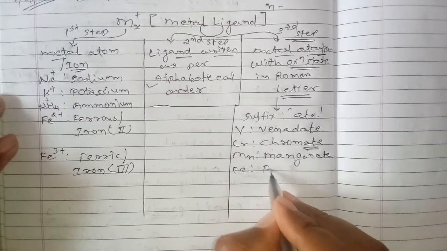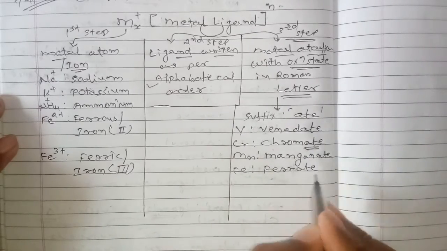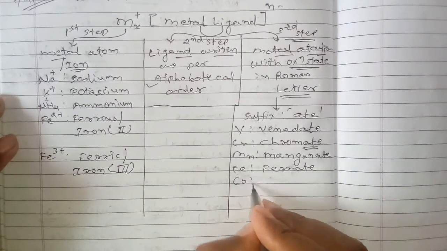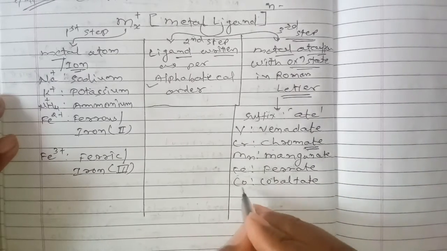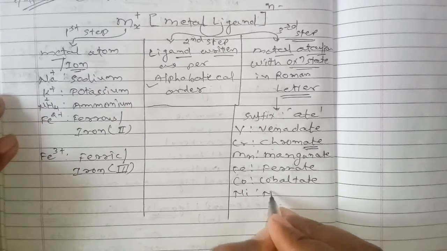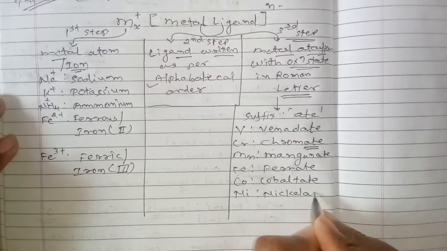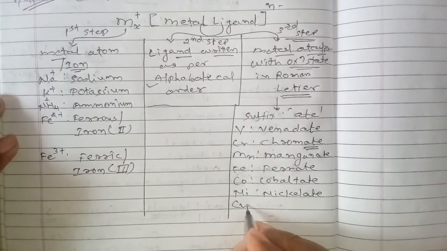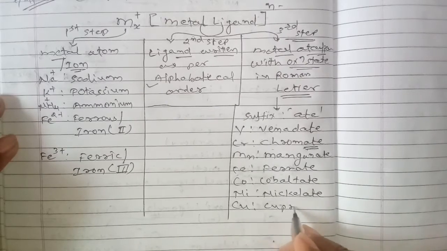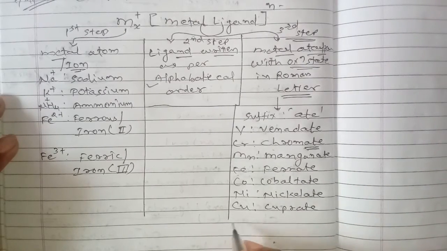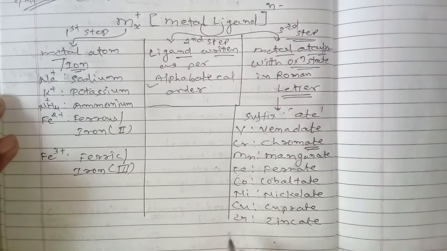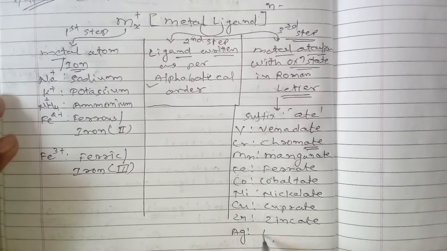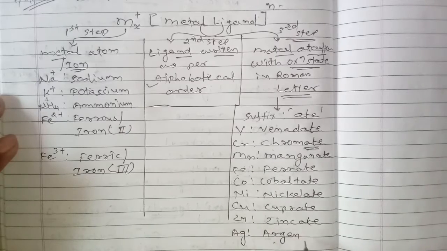Fe for ferrate, Co for cobaltate, nickel for nickelate, Cu for cuprate, zinc for zincate, Ag for argentate.